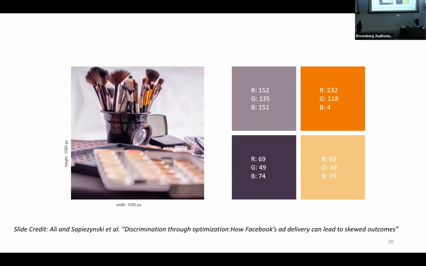You have an image here, and each pixel in this image is represented by numbers. You might be familiar with three of the numbers that a pixel is represented by: the red content, the green content, and the blue content, so RGB.